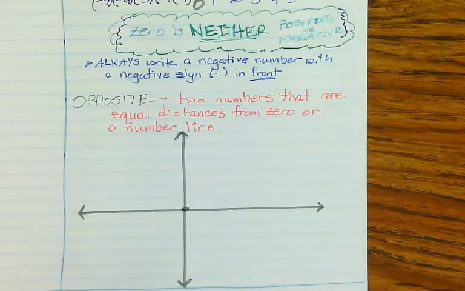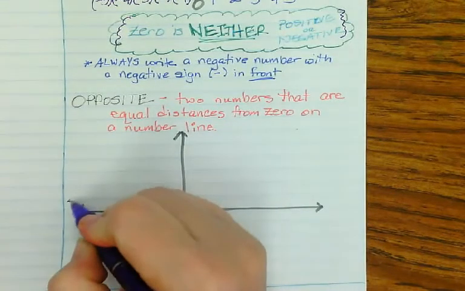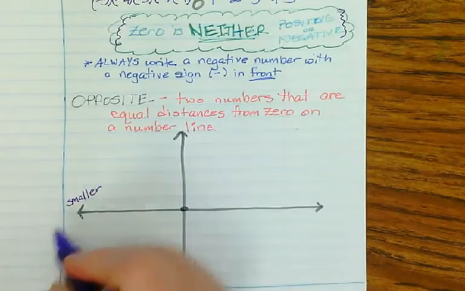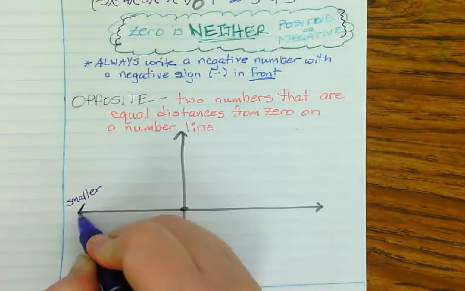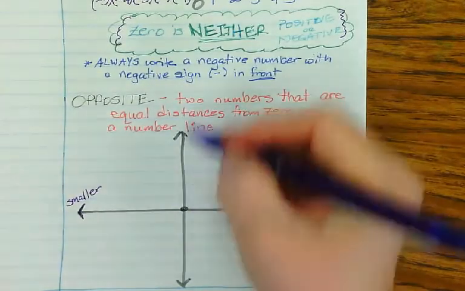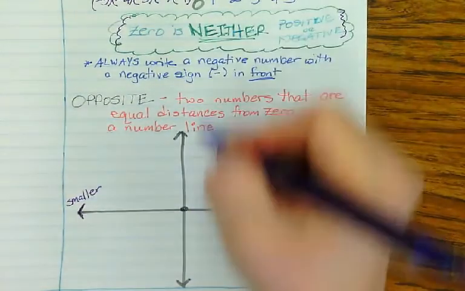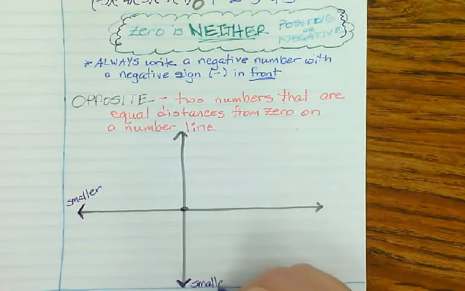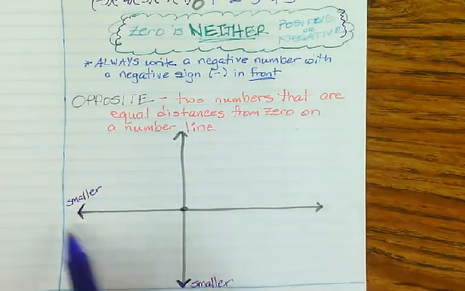Okay? And what we want to remember is negative numbers get smaller, so this is smaller, going to the left, to the left, to the left, all right? But when the number line goes up and down, this way is where it gets smaller, okay? So it doesn't matter whether it's left, right, or up, down. This is getting smaller.